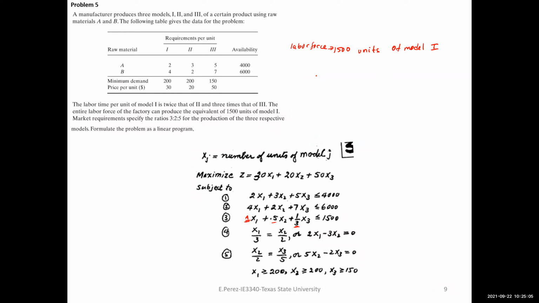So the way this is stated, let's say model 1 time per unit, right? But we don't know if this is minutes or seconds or hours, right? It's time unit. And then the labor force. Let me see if I can set up this in a unit that will cancel out.